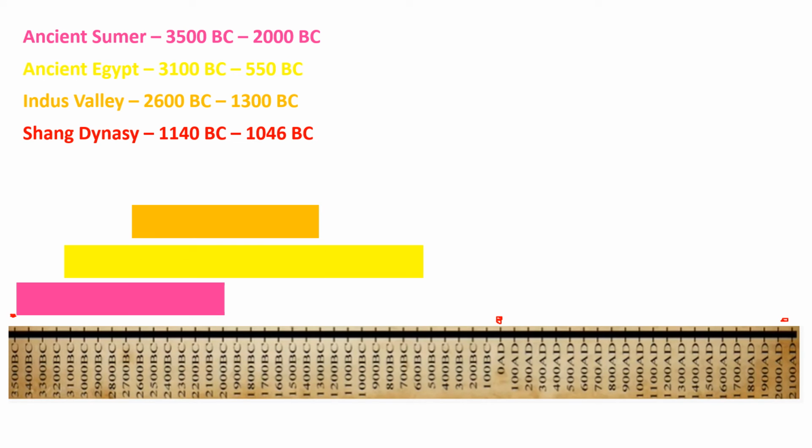And there's that timeline there for Indus Valley. And finally, Shang Dynasty, which is 1140 BC, which is a little bit trickier to find. Just have a roundabout look, to 1046 BC. That goes in there.